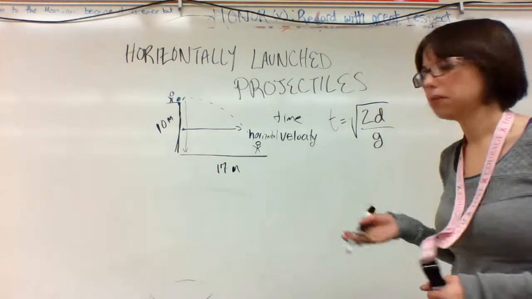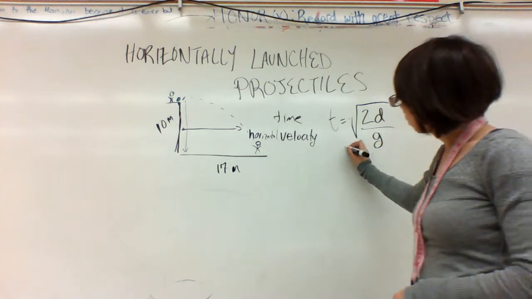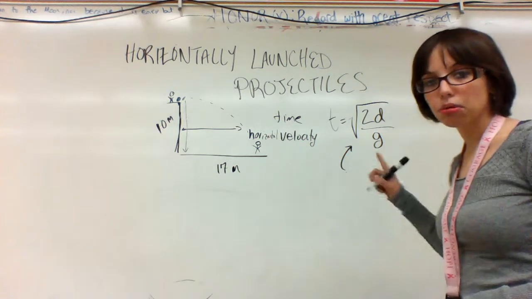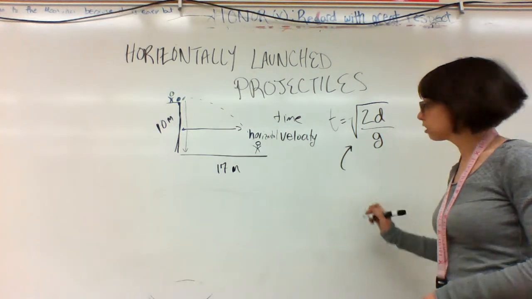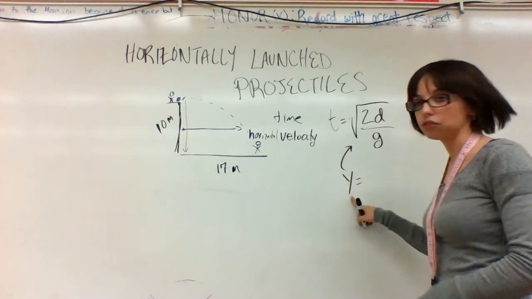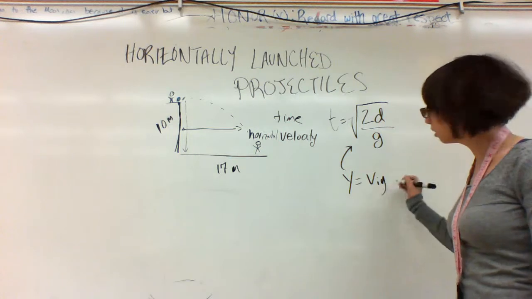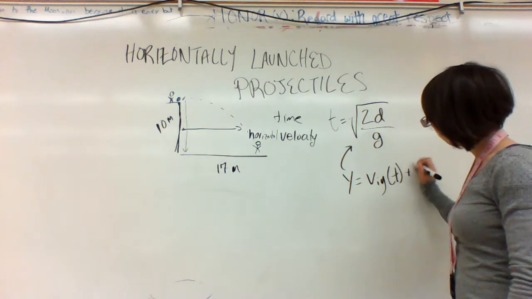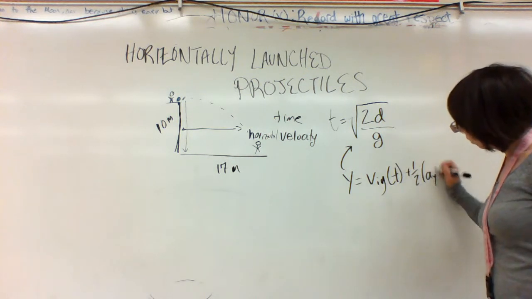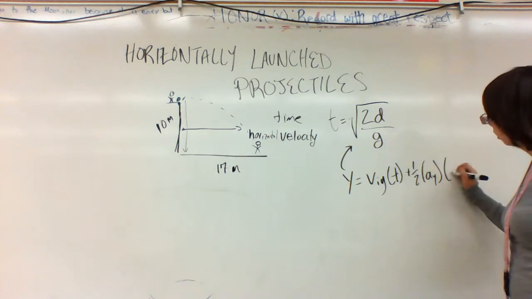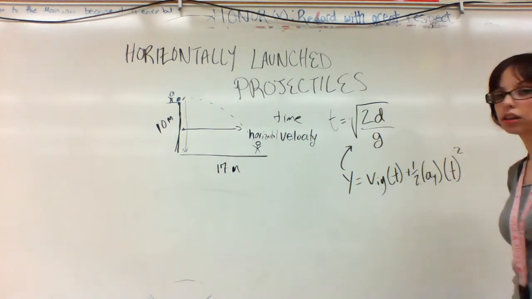That's why it's a g. If you want to know where I got this formula from, this is just a rearrangement of the formula y, that's vertical displacement, equals v_iy, initial vertical velocity, times time, plus 1/2 vertical acceleration times time squared.